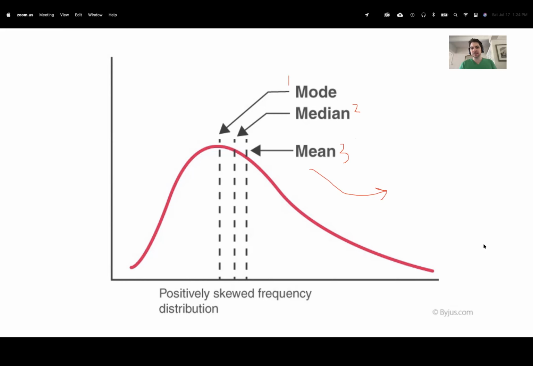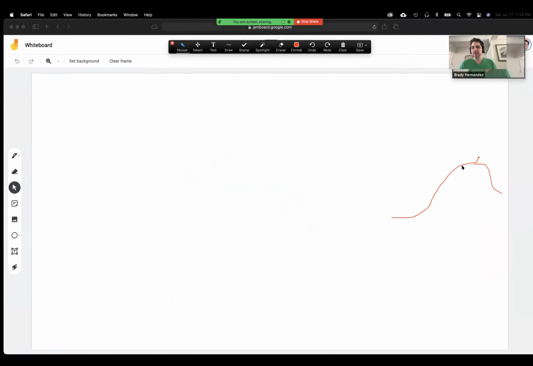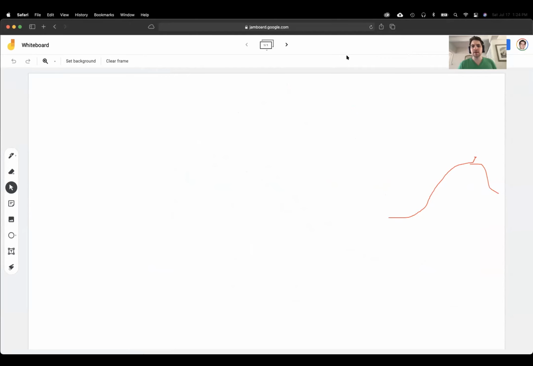So if we looked at this the other way, if we had a tail this way, like that. We'll call that a tail.